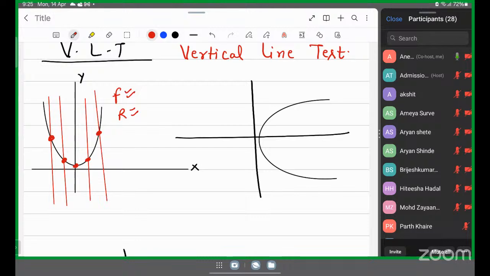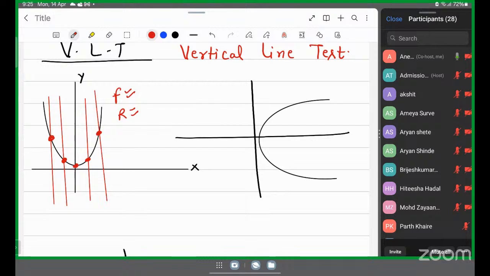Remember, every function is always a relation, but the converse is not true. Any relation may or may not be a function, we cannot guarantee it. A function will always be a relation, but the converse is not true.